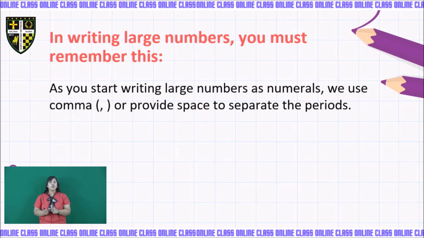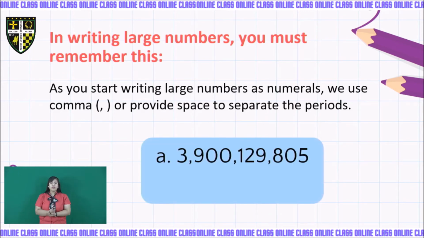Again, we use a comma after each period, or we can provide space to separate the periods. So, for example, letter A, we have 3,900,129,805. So we use commas to separate each period.